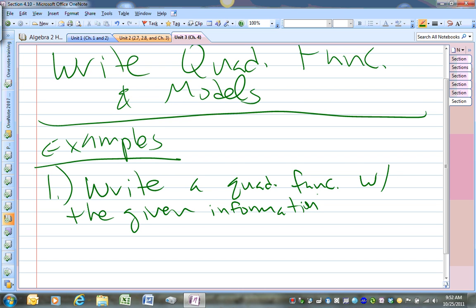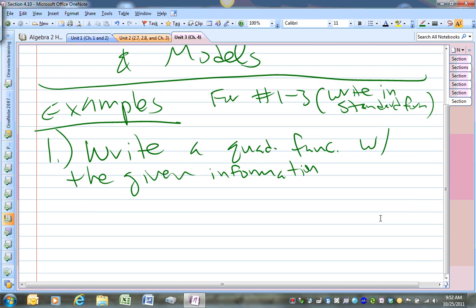And in this case, let's write our function in standard form for all examples. So for number 1 through 3, write in standard form. So, here's the given information.